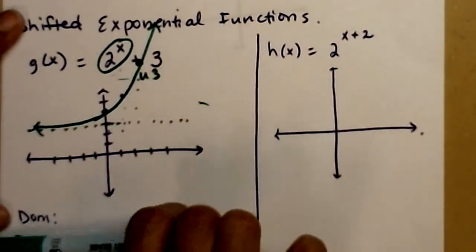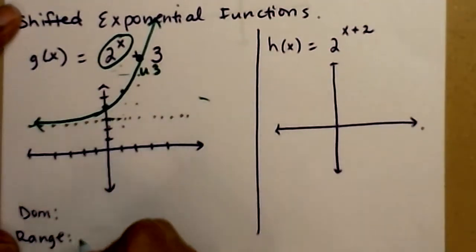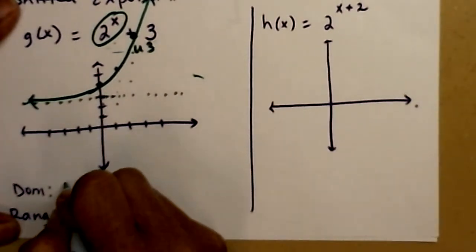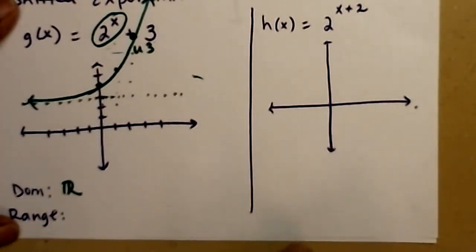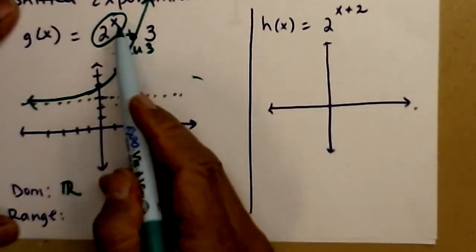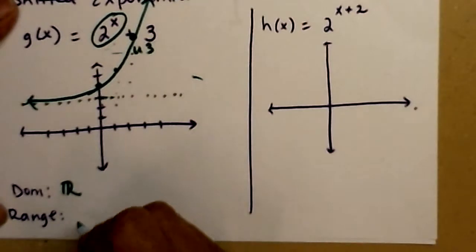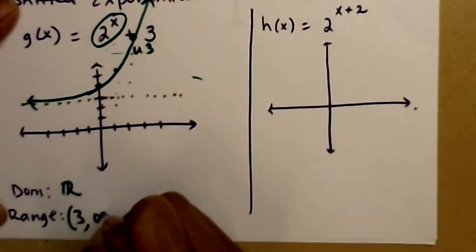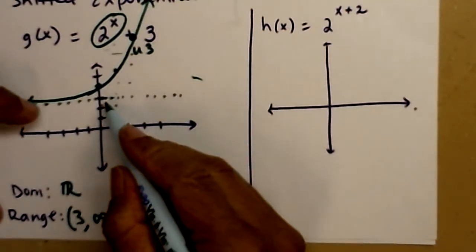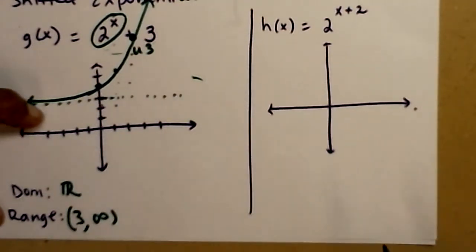And then everything else adds to it. My domain for this one stays all real numbers. Right? I can still plug anything I want in for x. But my range now starts at 3 and goes from 3 on up. I can't get any of the numbers between 0 and 3 anymore.